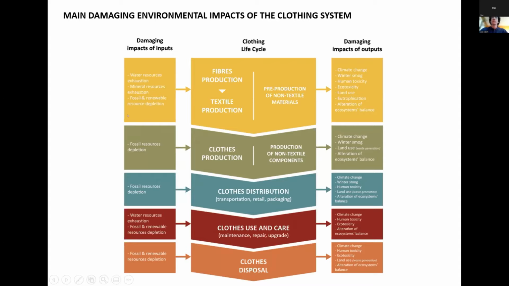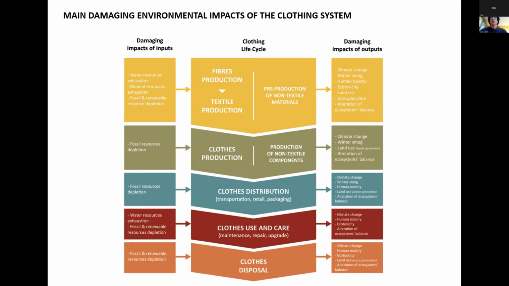I'm not going too much in detail with that. It's just a recap of all the damaging inputs and outputs that the clothing life cycle has. Maybe you can look at this at home later. But basically, it's a definition based on that list of environmental impacts that you had at the beginning in relation to all the stages.